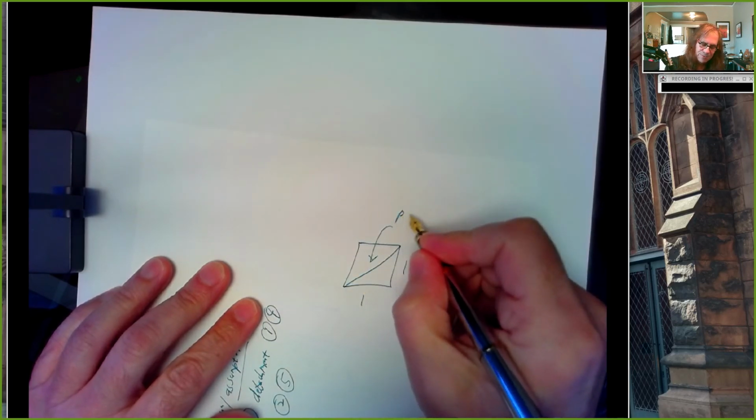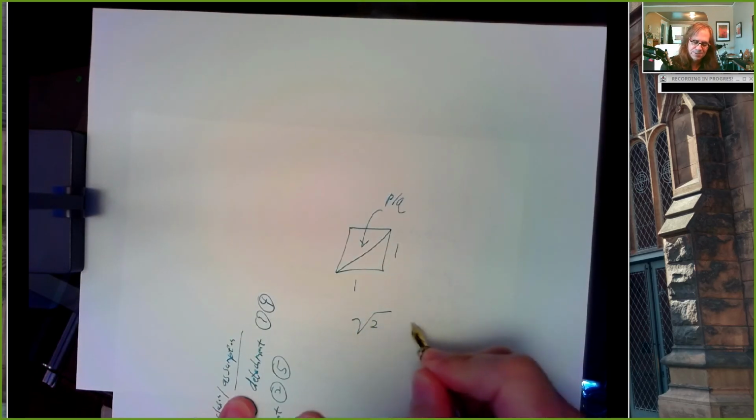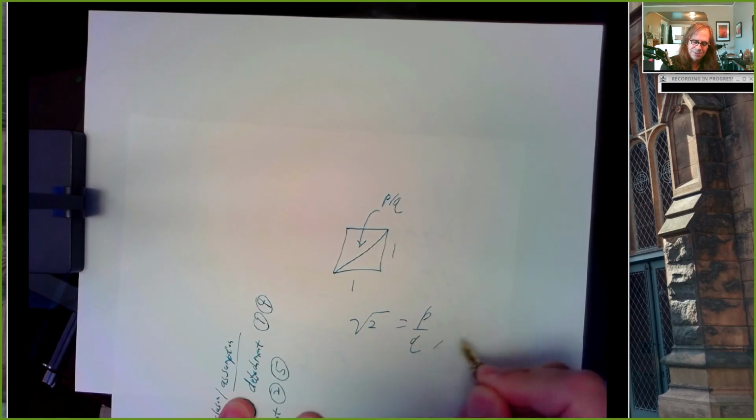And they wanted to know what was the ratio of whole numbers that gave you the exact length of that diagonal. In other words, try to express the square root of 2 as a ratio of 2 integers.